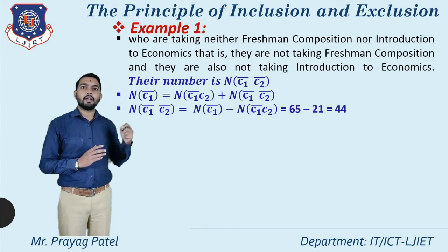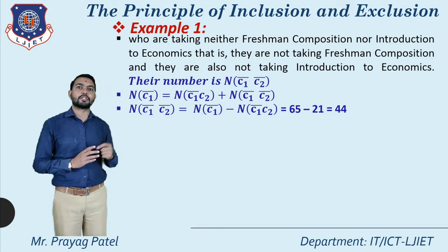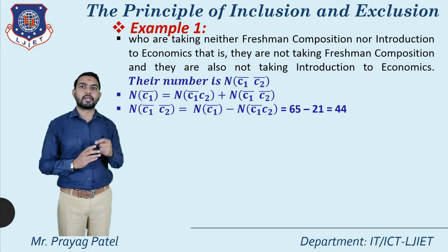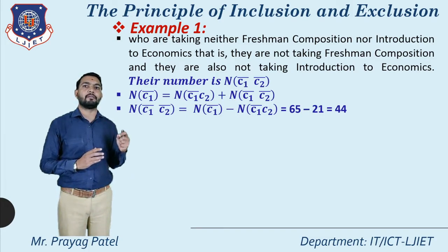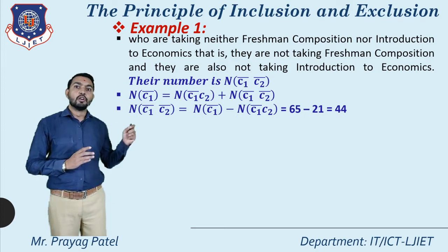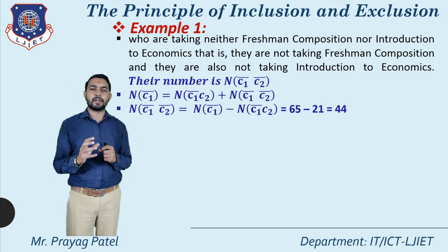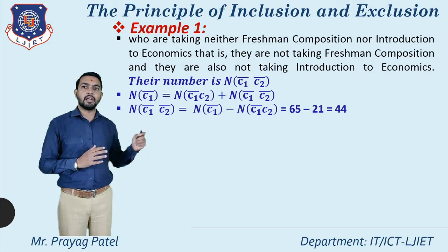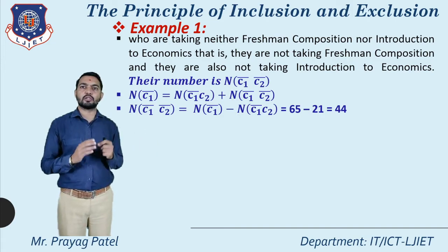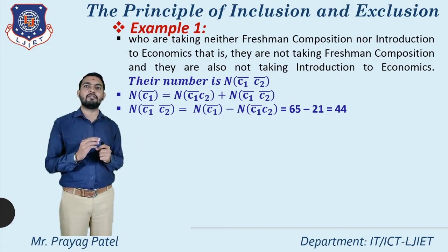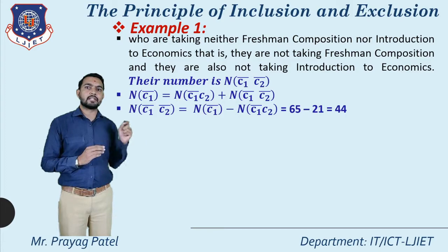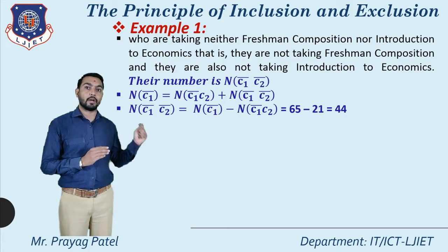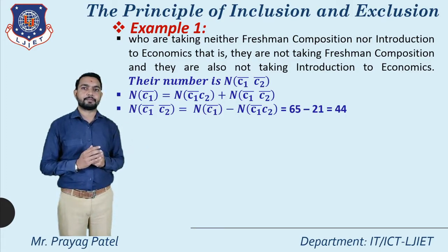Now who are taking neither freshman composition nor introduction to economics, that is, they are not taking any course. For that we can say this is represented by NC1 dash C2 dash. That means we find NC1 dash C2 dash using the previous equations. So one equation is NC1 dash equal to NC1 dash C2 plus NC1 dash C2 dash.